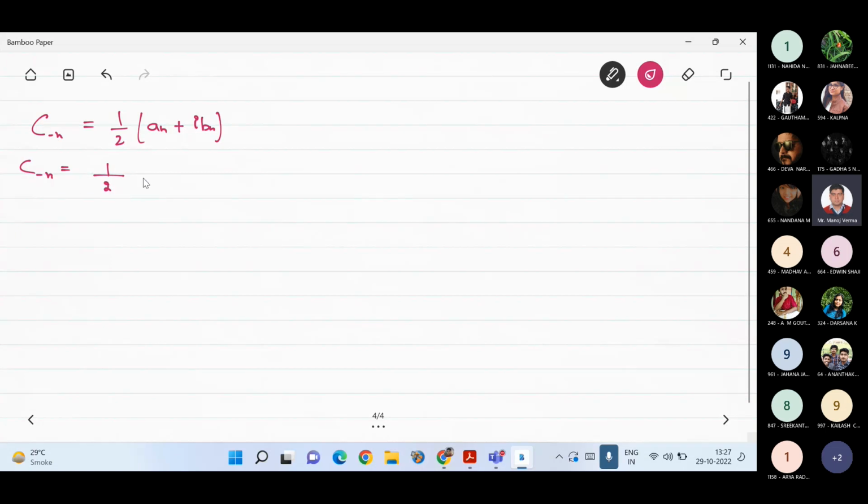Okay, we will do it quickly. 1 by 2, and the value of An was 1 by L, integration from 0 to 2L, f(x) cos(nπx/L) dx, plus iota by L, from 0 to 2L, f(x) sin(nπx/L) dx.